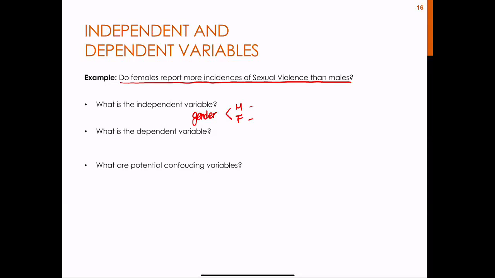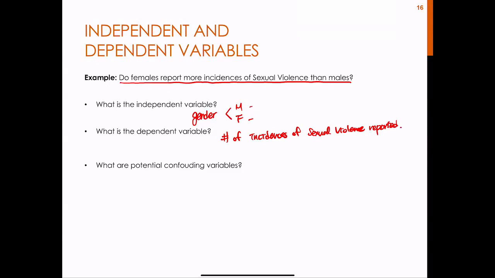The dependent variable is the outcome of what is being measured or influenced by the independent variable. So in this example, the number of incidences of sexual violence reported. Yep, this is our dependent variable.